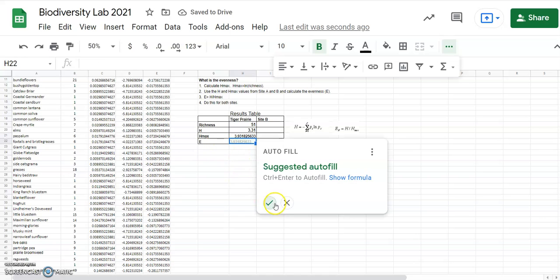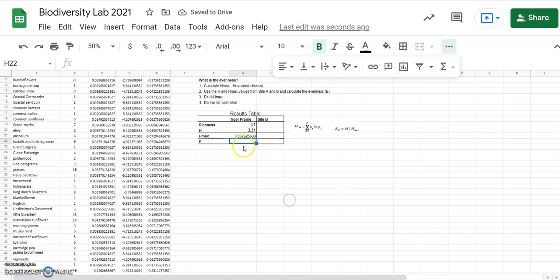And then to find E, I don't want to autofill, it's just H over H max. So I'm going to say that this is equal to H divided by H max. You could type them in as well, and there's my values. Now notice this is 3.9, which is a little bit over the 3.5, so we've got a very diverse ecosystem, but that's okay.